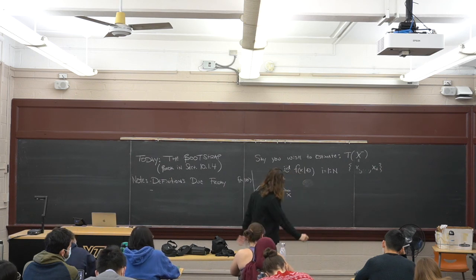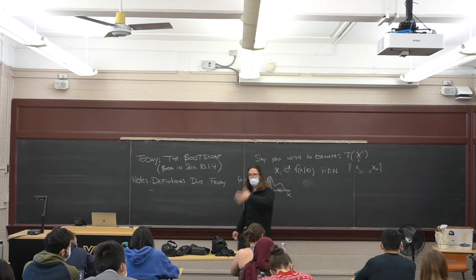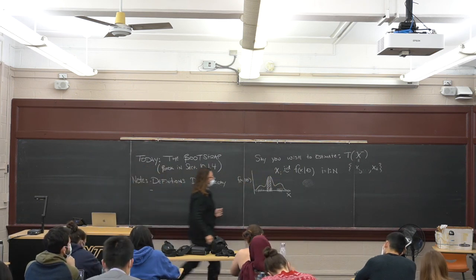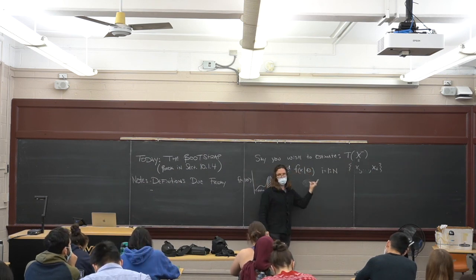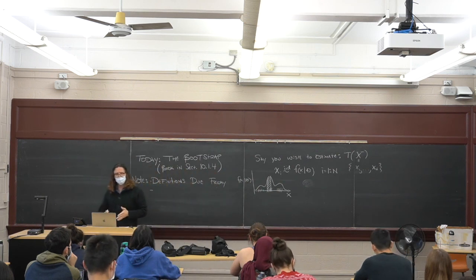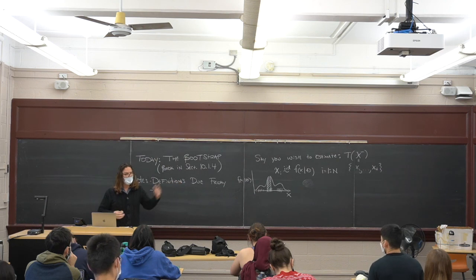Now, of course, there's all kinds of questions. What do you want to estimate from the distribution, and why do you want to estimate that thing? And so maybe this is an estimator of theta. Maybe it's an estimator of some function of theta. It's certainly going to be an estimator of some function of theta because that depends on theta.